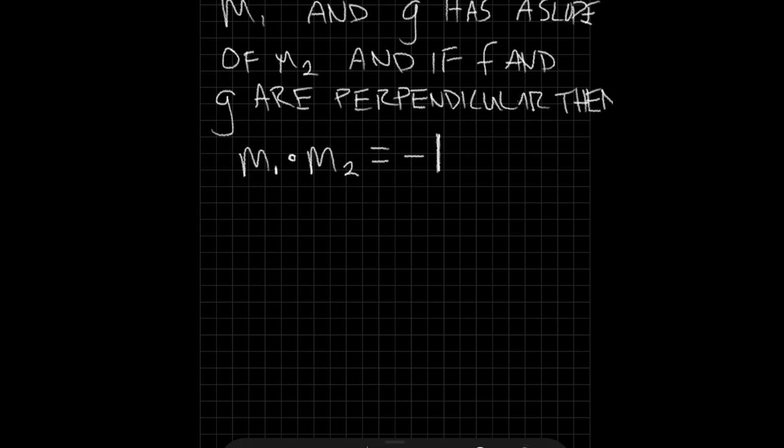So let's test that out in this case. We had a slope of 2 and a slope of negative 1/2. And when I multiply those two together, I do get negative 1. So that's how you can know those two lines are perpendicular.